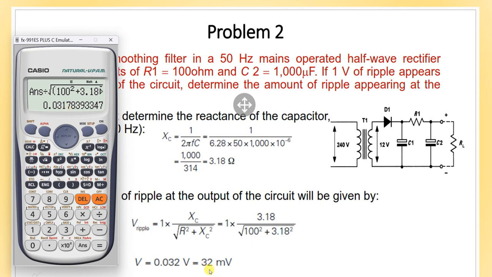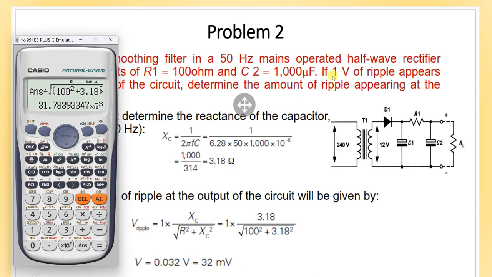You have to express this in terms of millivolts. You can write 0.031 volts. Otherwise, if you want to express in millivolts, there is an ENG button. Just click on the ENG button and you will get 31.7 millivolts. If you round off, you can write 31.7, or approximately equal to 32 millivolts.